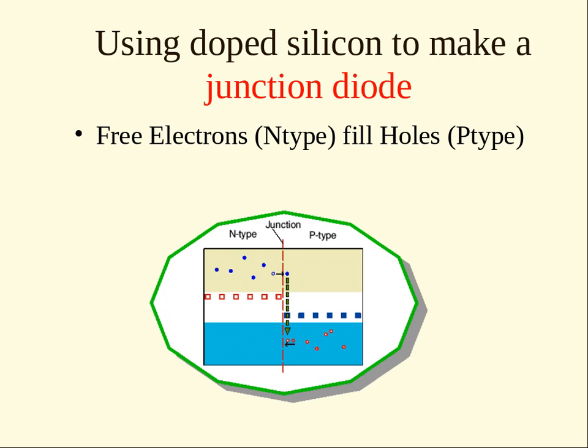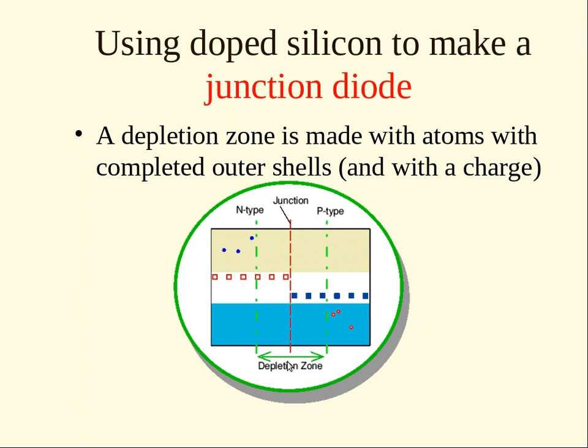Depending on how close you make this zone, which forms as a bit of an insulator, the wider this zone is, the more these electrons have to jump in order to get to the free holes, aka more of a push they need to have.